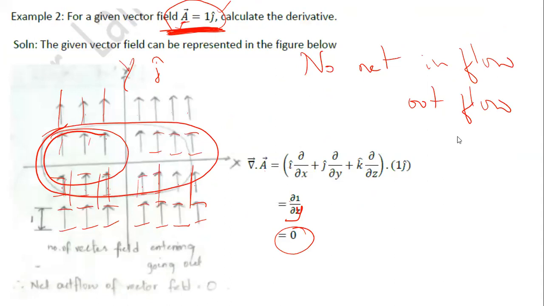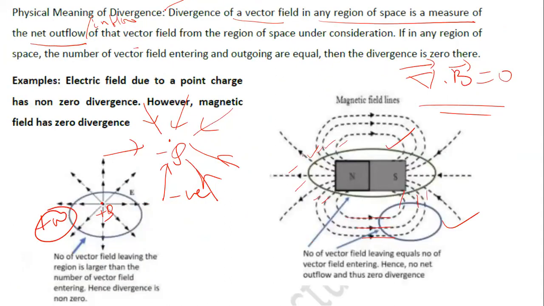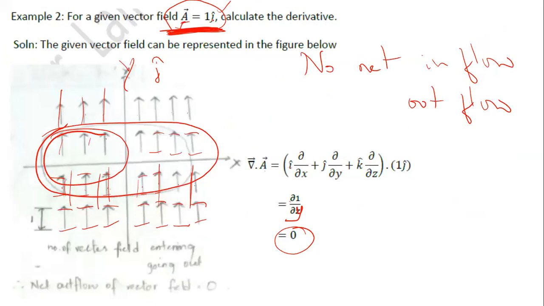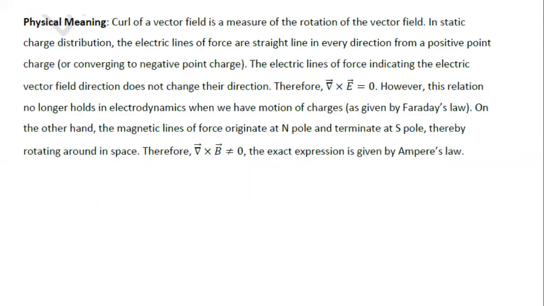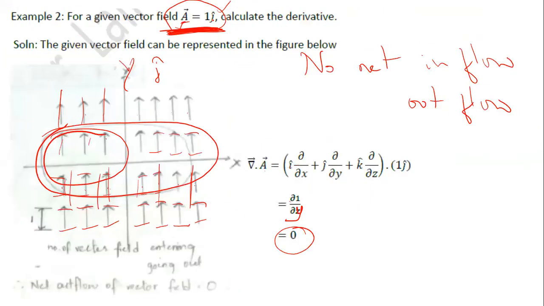This was an example. The vector we consider here is a vector equal to 1j. Let us take the curl of that vector. Wait, let me show you. If you look at this, a vector equal to 1j, this is also non-rotating. As you see, this vector is just pointing towards the positive y-axis, right?